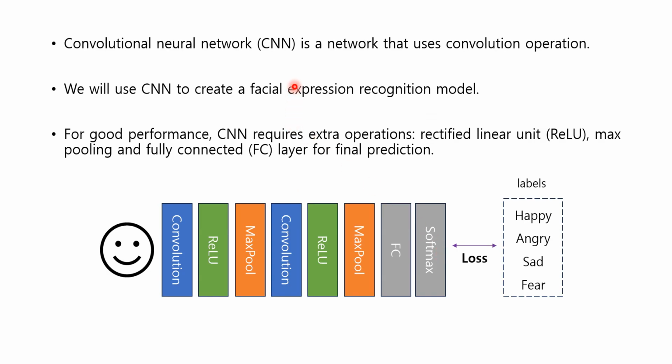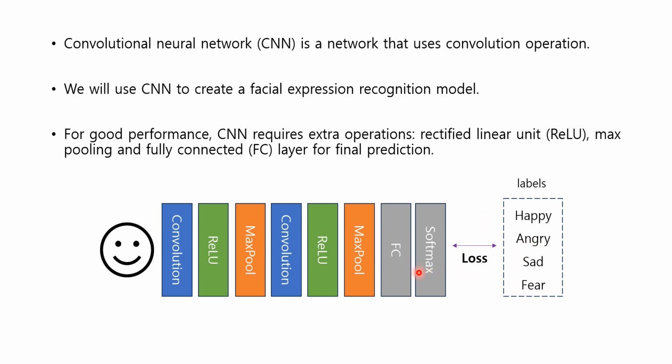Convolution neural network, CNN, is a network that uses convolution operation, and we'll use CNN to create the facial expression recognition model. For good performance, the CNN requires extra operations like rectified linear unit, max pooling, and the fully connected layer for final prediction. The fully connected layer is downsampled to the number of labels, and in this case it will have 4 units.